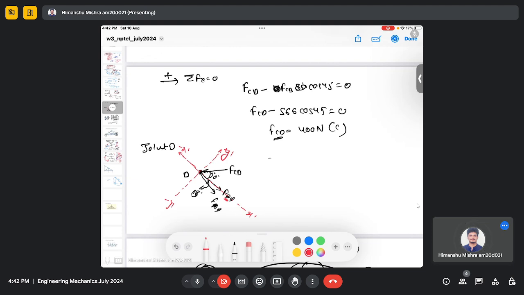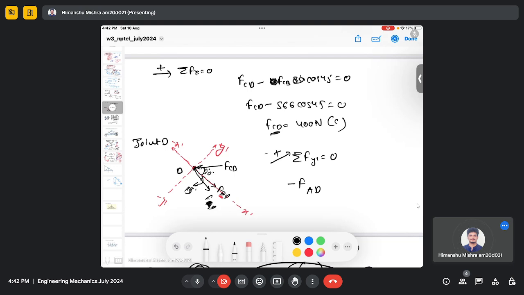When I define it this way, I can do the summation of force first in the y dash direction, equal to 0. So now I need to consider the component of force in this y dash direction. It will be minus force AD, this is my AD.